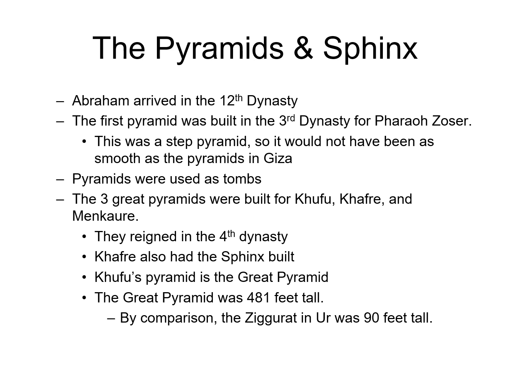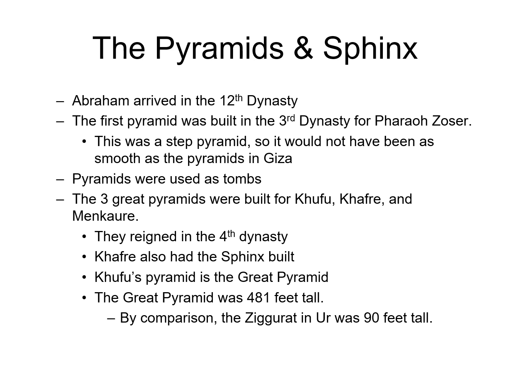So this kind of gives us an idea of the resources that the pharaohs had available to them and just kind of the egos that they had at the same time. The 3 great pyramids were built for the pharaohs Khufu, Khafre, and Menkaure, and they reigned during the 4th dynasty. Khafre also had the Sphinx built, and Khufu's is actually what is known as the Great Pyramid.